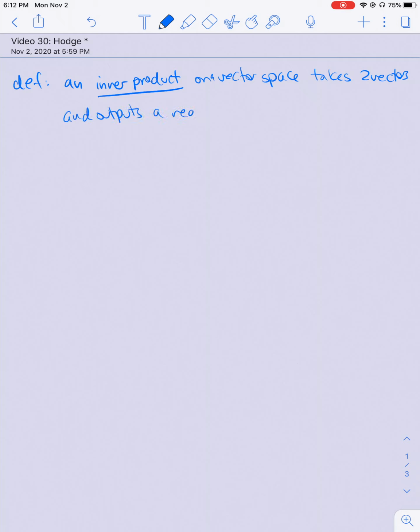A reminder from linear algebra is that an inner product on a vector space takes two vectors and outputs a real number if the vector space is a vector space over the field of real numbers, or a smooth function, which is what we're going to be considering if the vector space is a vector space over the field of smooth functions.